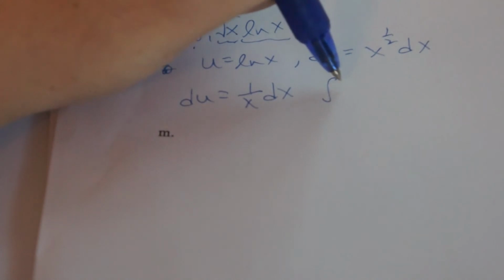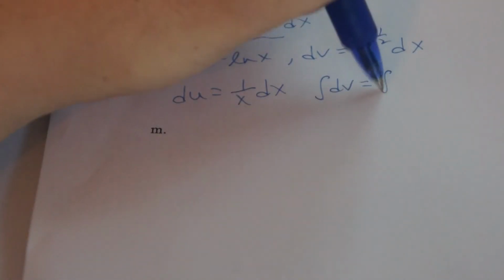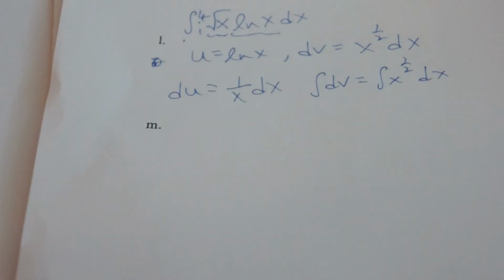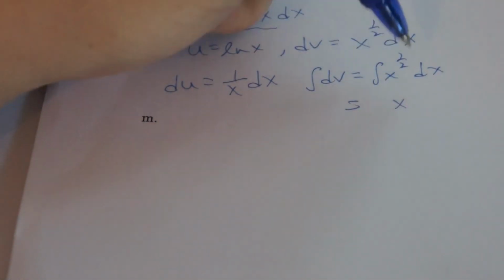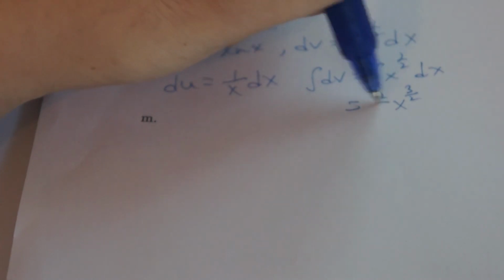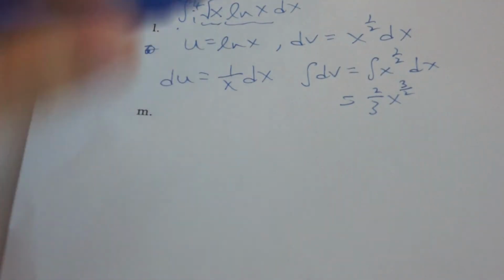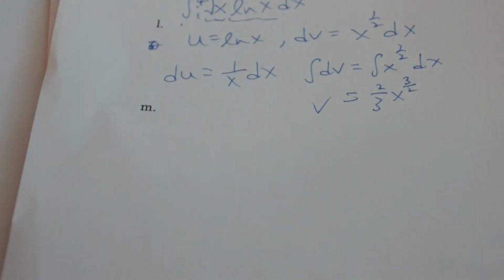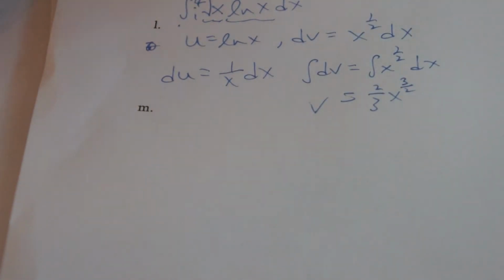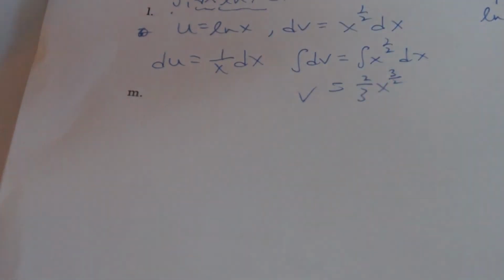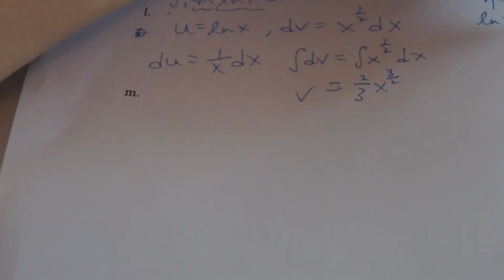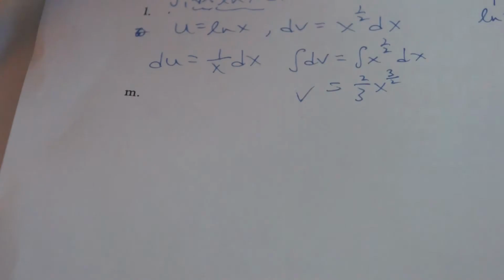For dv, you integrate x to the power of 1 over 2, and you will get the answer x to the power of 3 over 2 times 2 over 3. This is the v. Put it back into the equation. So you got uv, which is ln x times v, that means 2 over 3 x to the power of 3 over 2.